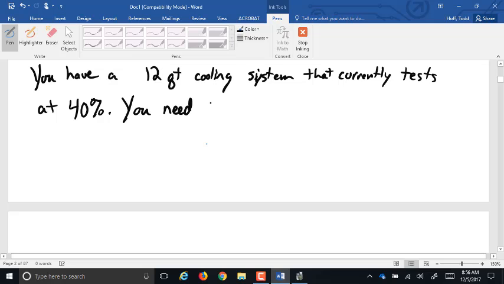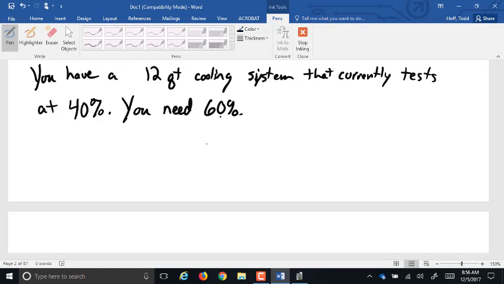You need 60% to handle 40% antifreeze. I should have said that. Currently tests at 40% isopropyl alcohol or antifreeze. You need it at 60% to withstand your minimum temperatures.